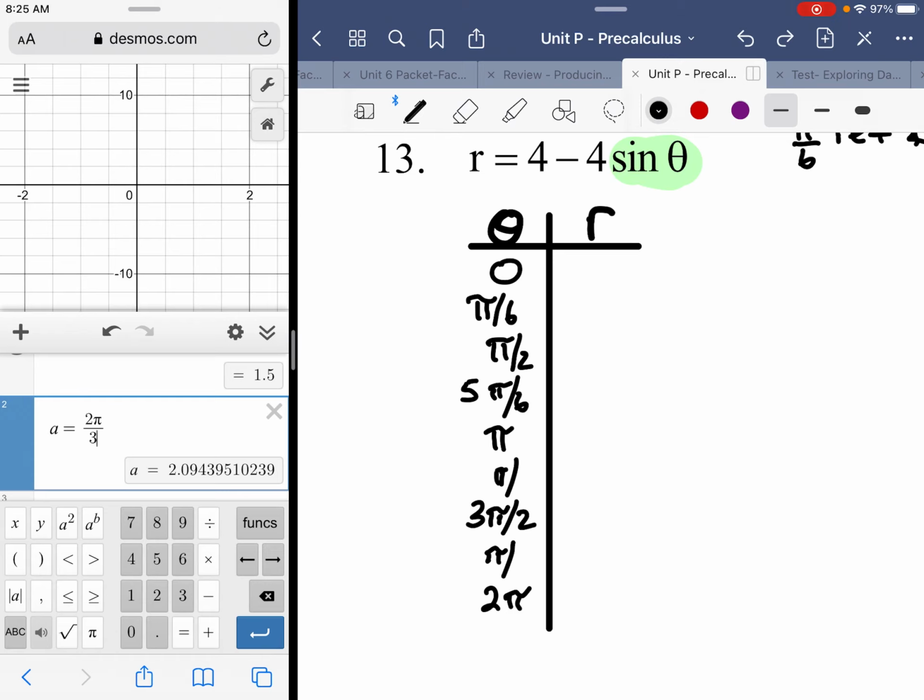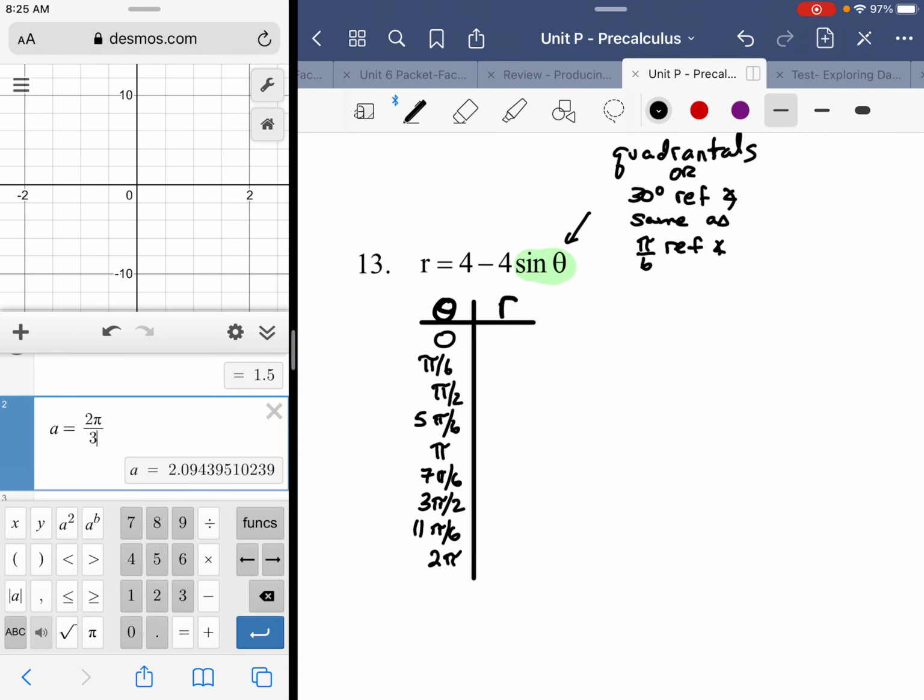All right, so pi over 6, 5 pi over 6, 7 pi over 6, and 11 pi over 6. Now each one of these values is still going to give us a 1/2 in some capacity, whether it's 1/2 or negative 1/2 for the non-quadrantal ones.